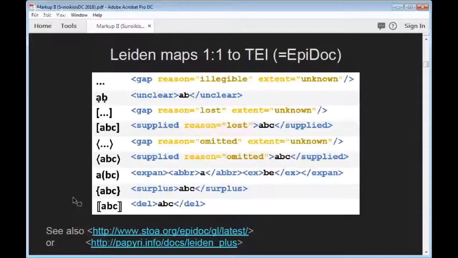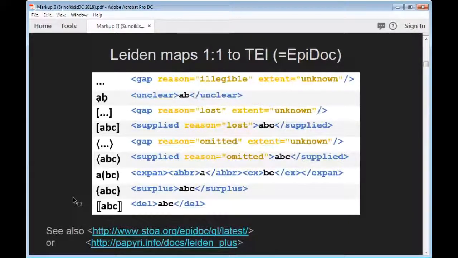It's the brackets and sigla around them that change to XML tags. In the case of those that are a row of dots, the row of dots is not what we are transcribing. The row of dots is part of the markup scheme. When we have three dots on their own, we are saying there are some illegible characters here that we are not transcribing. And so there is no text, there are no dots in the XML.